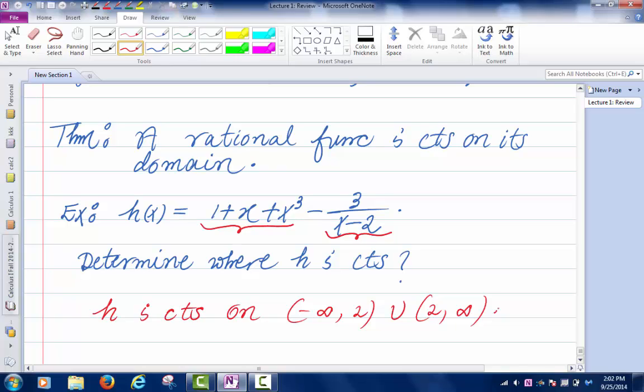So this is actually a rational function, and that's the domain of the rational function. And we know that a rational function is continuous on its domain. So I could have said that as well, instead of saying it the way I said it. Okay. Is everybody okay with that? Any questions on that? Any questions at all?